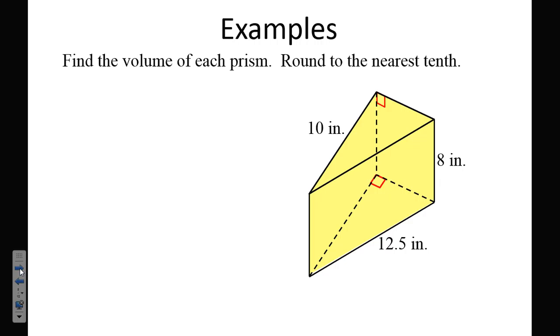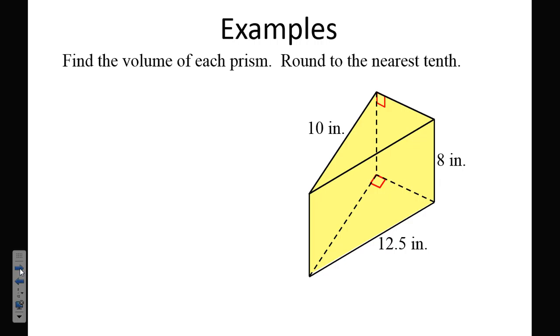The problem is we first have to find the area of our base. But what's your length and width? It won't work.